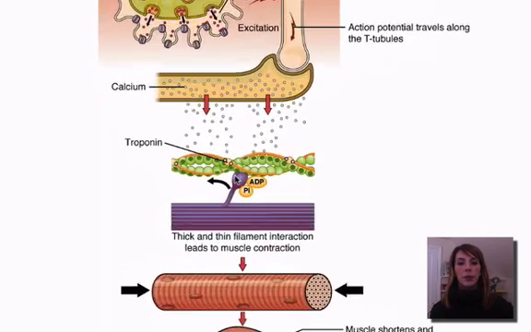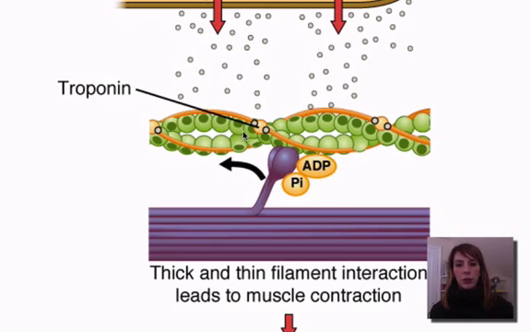So how does this happen? Well, we have to take a closer look at the thin filament. One thing we didn't point out before is that the thin filament has these darker green spots. These darker green spots represent the myosin binding site. That's where the myosin contacts the actin.